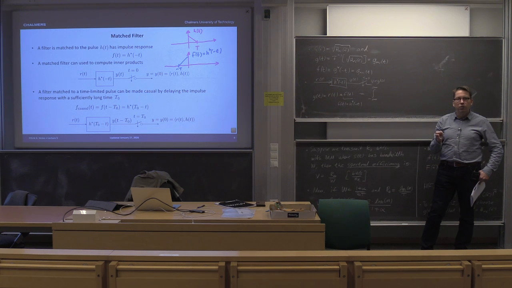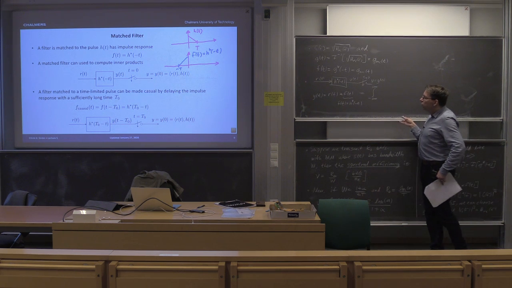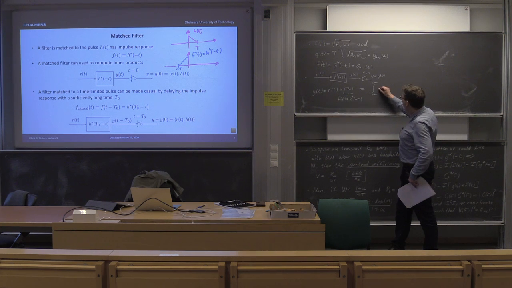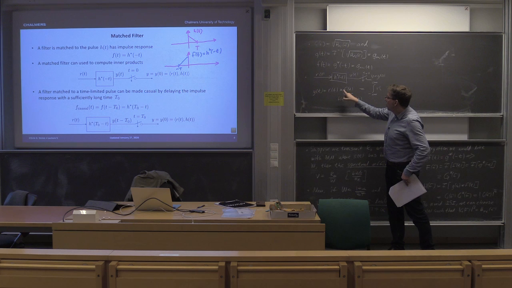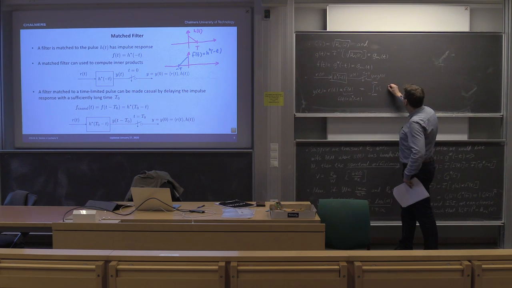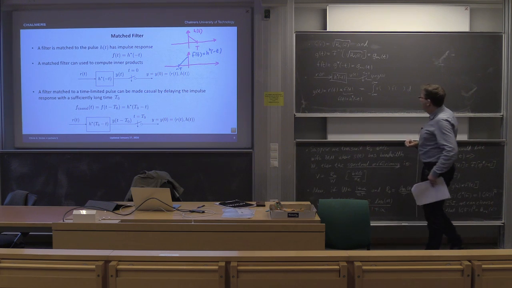To learn how to use convolution in an efficient manner is well invested time. Okay, so what we know about convolution is that it's an integral that involves R and F, and it should produce an output Y. So we have R, and then we have F, and then we need to integrate.